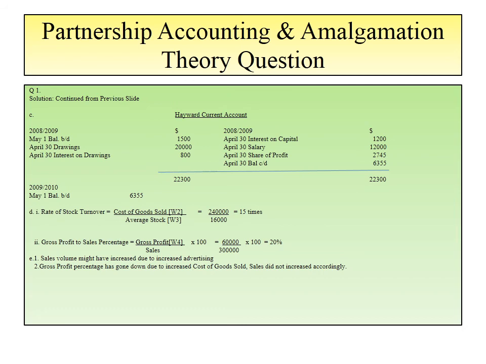Okay, now go to the last part. Sales volume might have increased due to increased advertisement. Yes, sales increased definitely because of the advertising, and the gross profit percentage has gone down due to increased cost of goods sold.